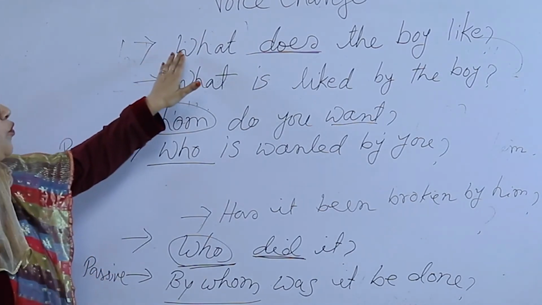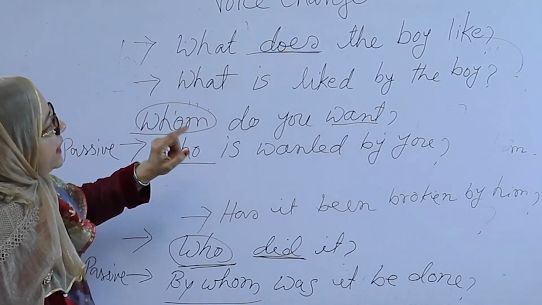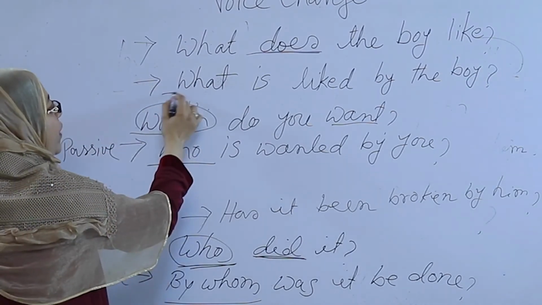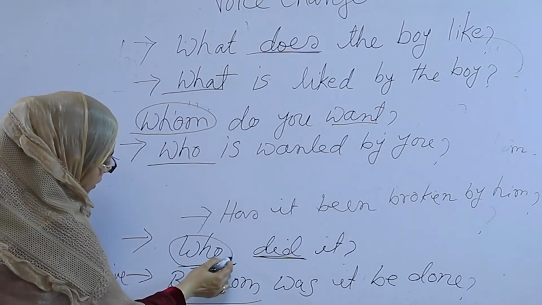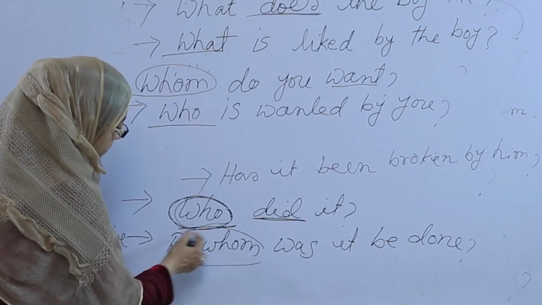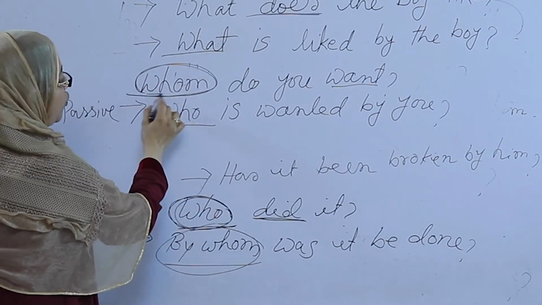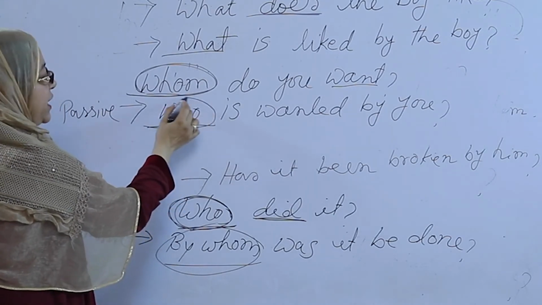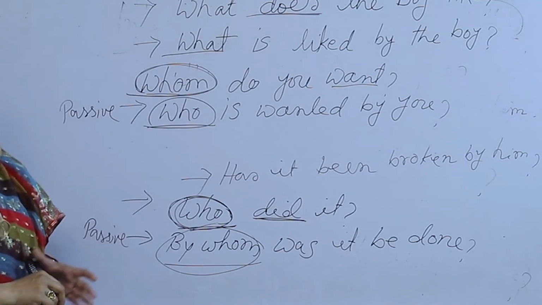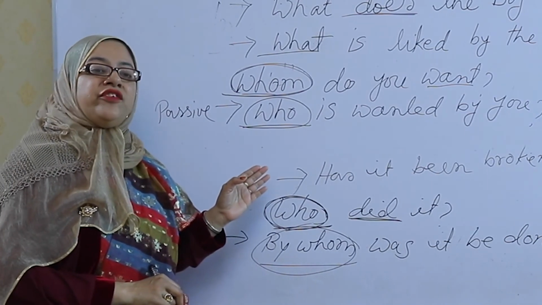But what, when we turn it into passive, we do not change what. I only change who and whom: who becomes by whom in passive, and whom in an active form becomes who in passive. So, is it clear to you? How can we change from active to passive in an interrogative sentence?